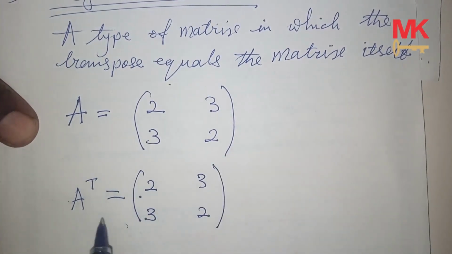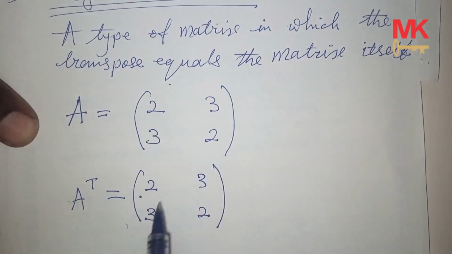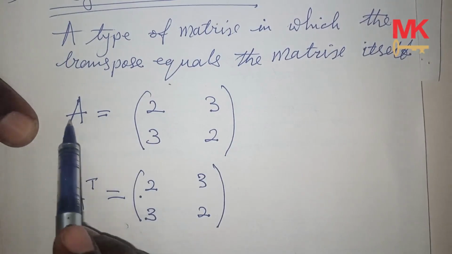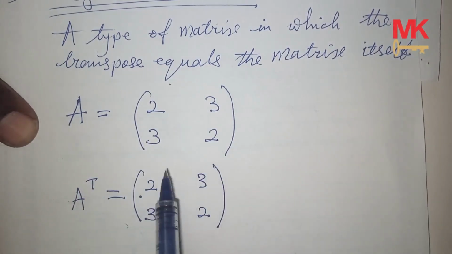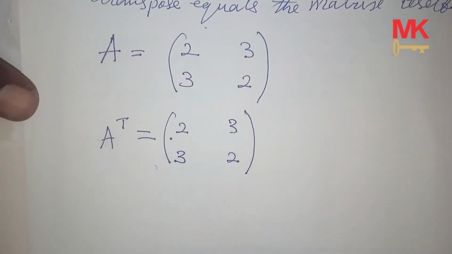So if you check the transpose of the matrix, we have 2, 3, 3, 2, and 2, 3, 3, 2. You can see that the transpose of this matrix is the same thing as the matrix itself. Such matrices are called symmetric matrices.